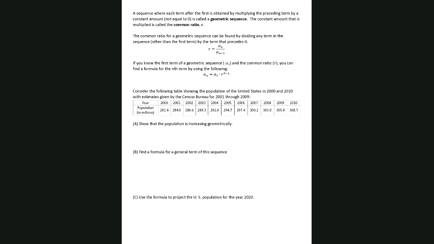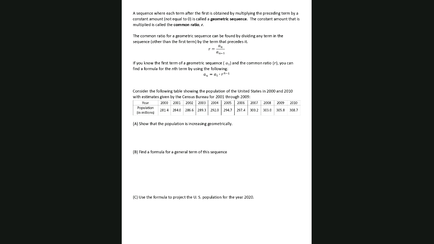And the constant amount that is multiplied is called the common ratio r. So really that second sequence, 3, negative 3, 3, negative 3, is a geometric sequence, and the constant ratio that I multiply each time is negative 1, right?